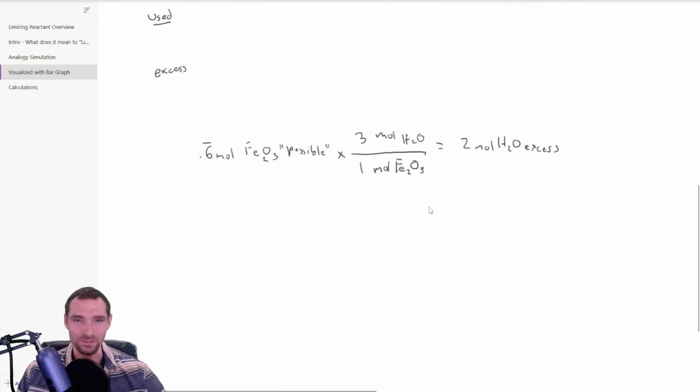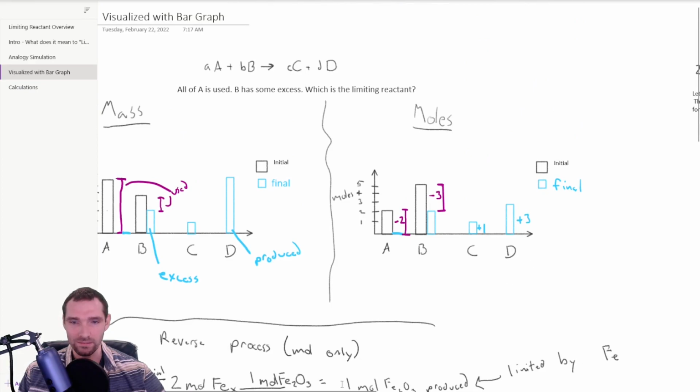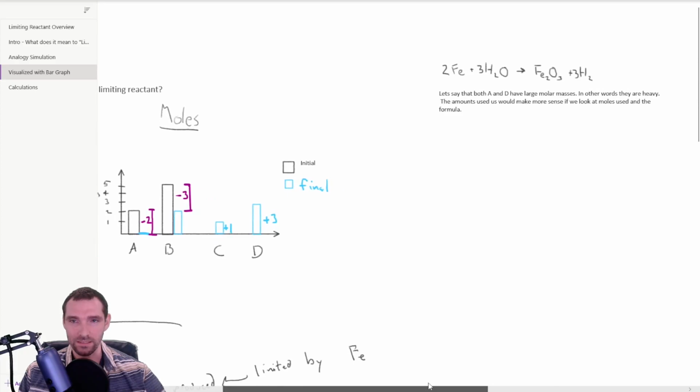You could also do the 2 mole of Fe, and then this is going to react some mole of Fe to some mole amount of water. And you could say, okay, well, in this reaction, I'm going to have a 3-to-2 ratio, right?